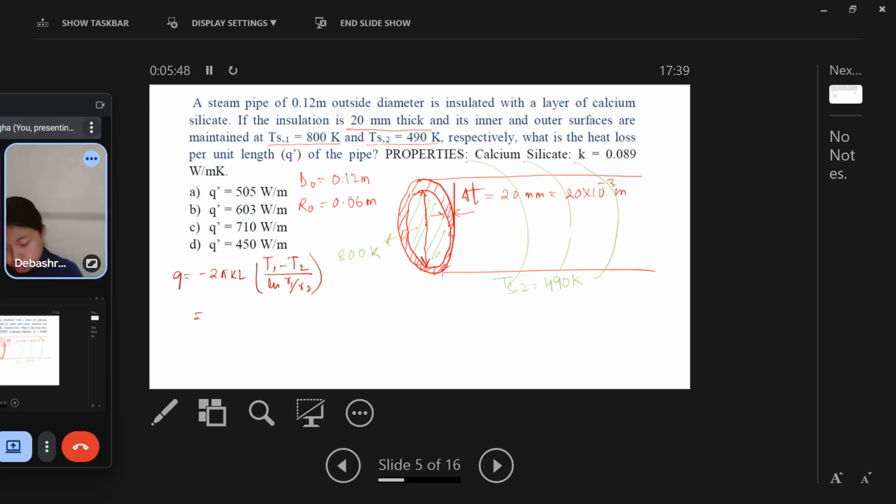Everything is given. Length is not given, so just find the heat loss per unit length: Q by L is equal to minus 2 pi k (T1 minus T2) divided by ln R1 by R2.